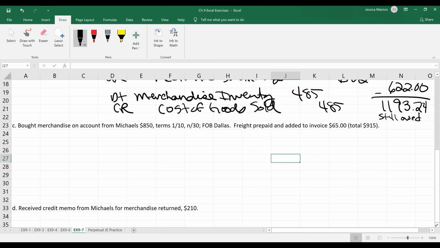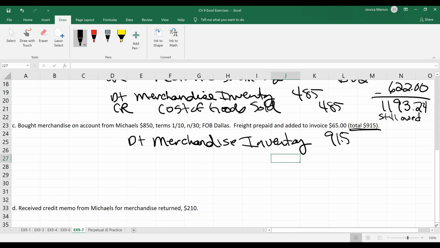So bought merchandise inventory on account, we're going to debit merchandise inventory for the total amount because we don't use freight in. So we're debiting merchandise inventory for $915. That's our total, right? The 850 plus the 65 total is $915. And then crediting accounts payable. Now we owe who? Michael's.